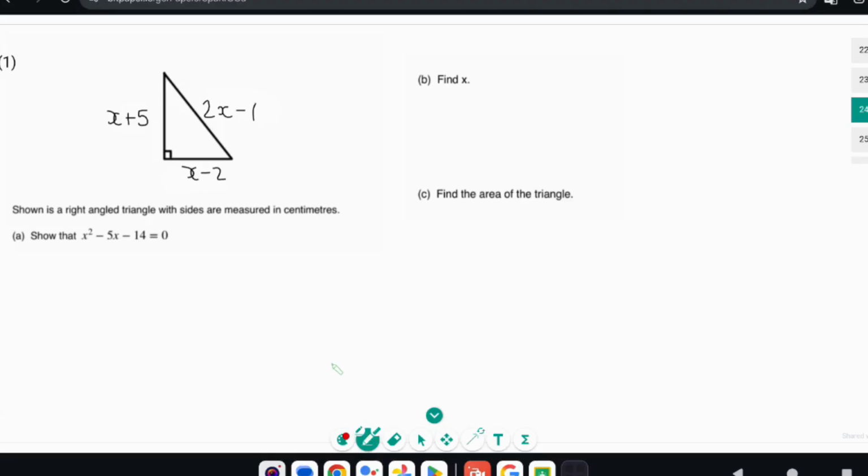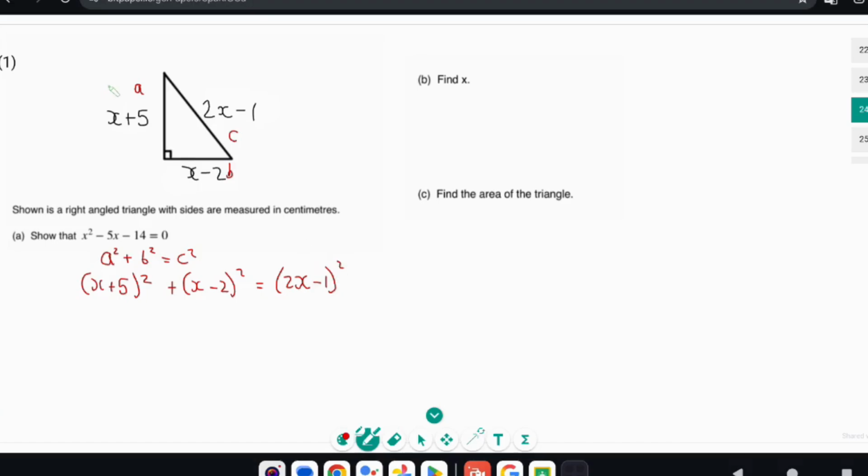Now, what should we be thinking when we see a right angled triangle? Pythagoras. Well, we could come up with an equation using Pythagoras because we know a squared plus b squared equals c squared. So we know (x plus 5) squared, add (x minus 2) squared is equal to (2x minus 1) squared.